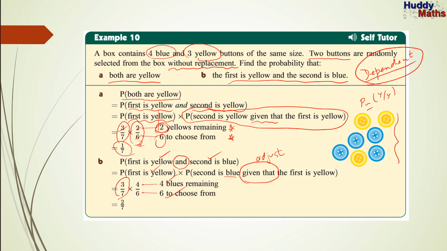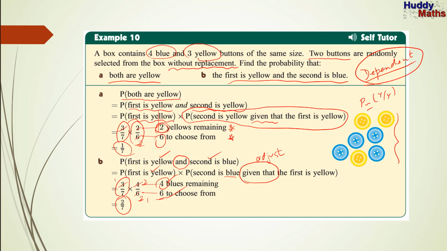But here, you've still got 4 blues out of 6, so only the bottom one had to be adjusted here. All right, so if we try and simplify this now, 3's and 3 goes once, 3's into 6 go twice, 2's and 2 goes once, 2's into 4 go twice, so it's 2/7.